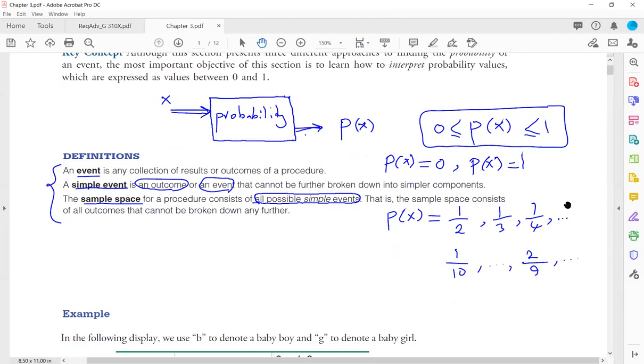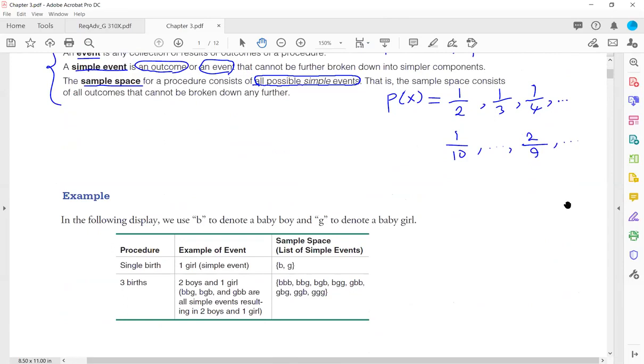Very well, let's go over one example to see what's going on. In the following display, we use B to denote a baby boy and G for a baby girl. Suppose the procedure is a single birth. Example of an event: one girl.